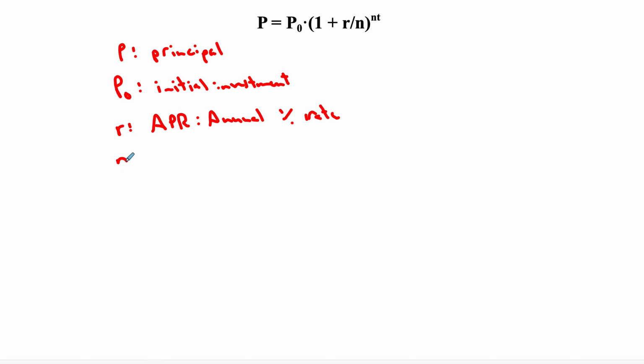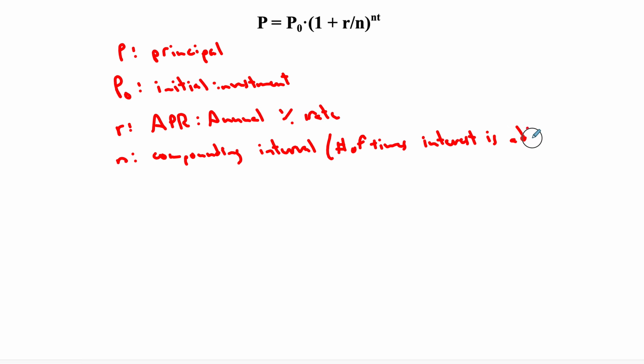And then N would be the compounding interval, which is literally the number of times interest is added per year.